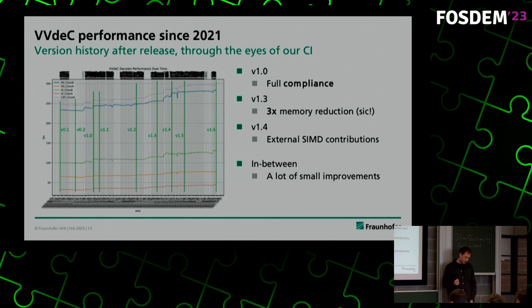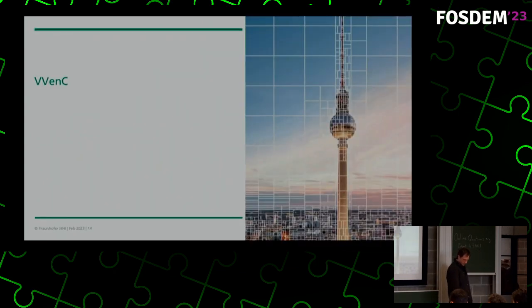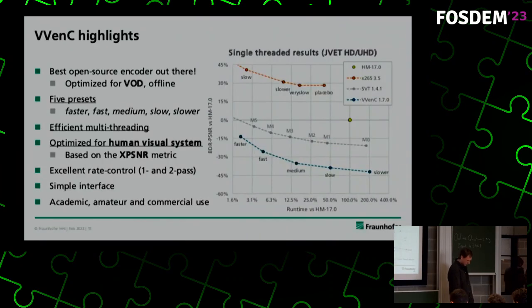But at least we managed to get it better. In 1.4, we got a major performance boost based off external contributions in GitHub, so this was really nice to see. And in between, we had a lot of small improvements, and as you can see in the graphs, it does add up.